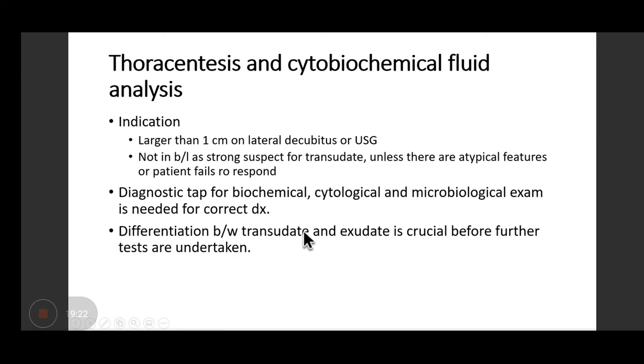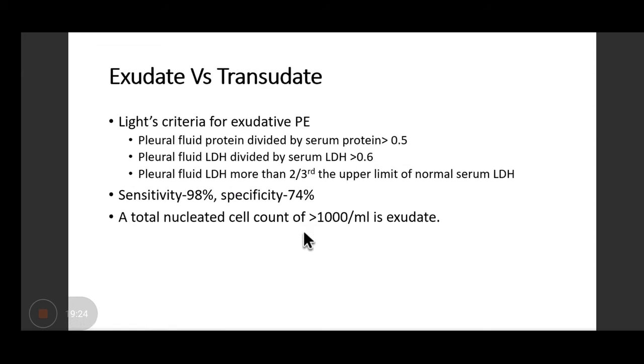So there are Light's criteria for exudative pleural effusion. What are those? When the pleural fluid protein divided by the serum protein is more than 0.5, the pleural LDH divided by the serum LDH is more than 0.6, or the pleural fluid LDH is more than 2/3 of the upper limit of the normal serum LDH.